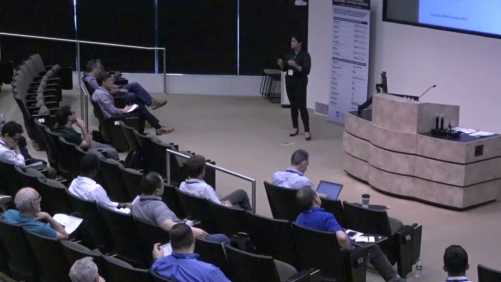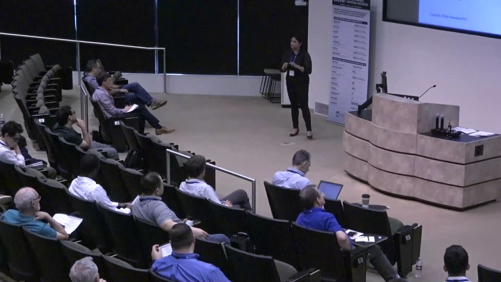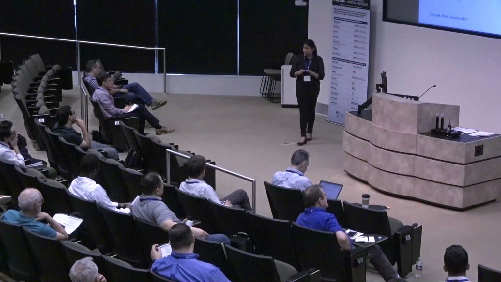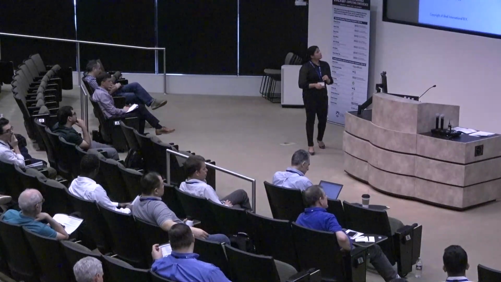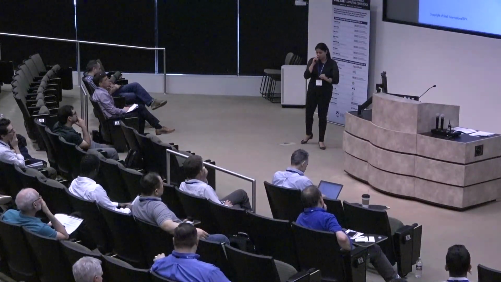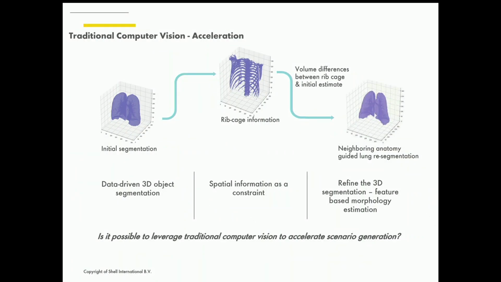And what we realized is behind the scenes, they are really using traditional computer vision algorithms to accelerate this process. So what is done today in most of these tools is you will probably start with a very initial generic segmentation of the lung. And then you will bring specific patient information into the picture in terms of the rib cage information of that person.